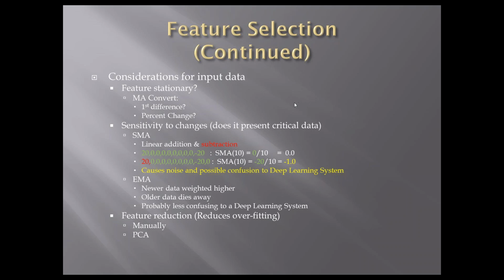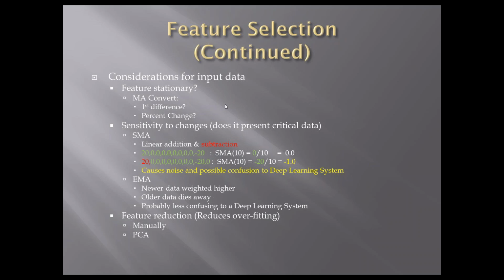There's a couple of ways you can convert it, and I'd love to say that there's a perfect way to do this, but you just need to experiment with it and see if it gives your system the data that it needs. You can take the first difference, or essentially the derivative of your waveform, and over large periods of time, this is considered stationary. And again, I'm going to repeat that, over large periods of time, it's stationary.